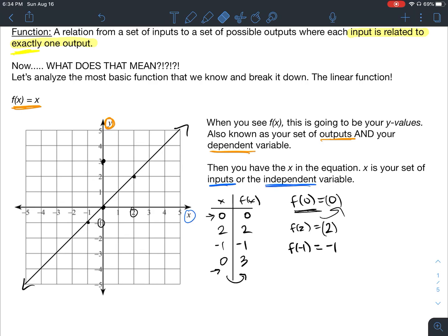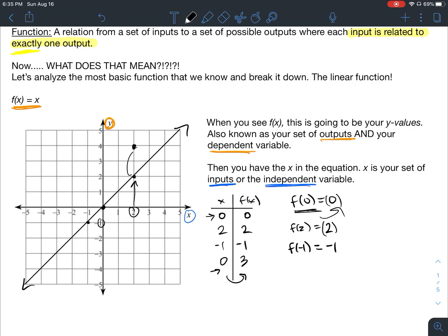If we were to put this in terms of a real life example, like time versus distance. So if we said that this was your car traveling, and at 2 minutes you went, I don't know, 2 miles, but then let's say you had another output, it's not possible for you to be also at 4 miles at 2 minutes, right?